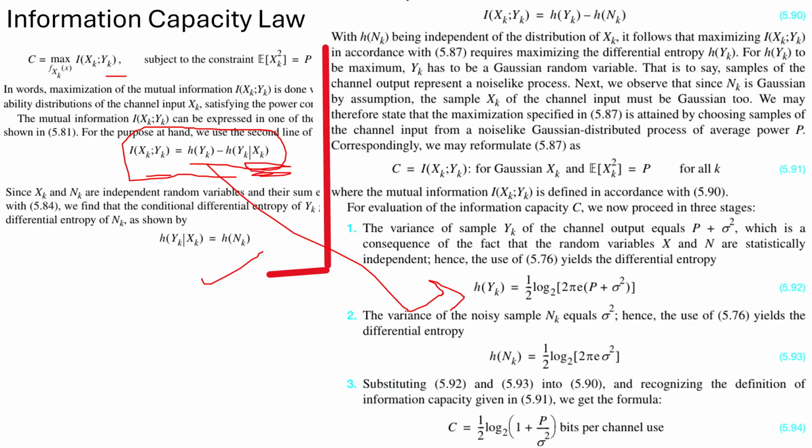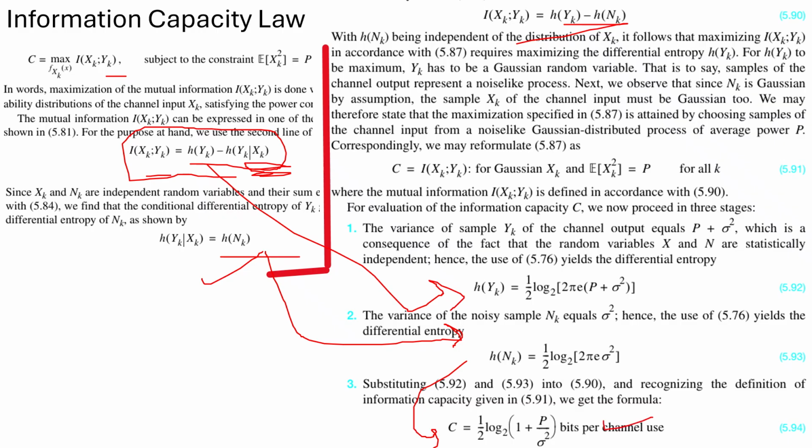Here if we put the same equation, you can modify this one, and since h of Y given xk will be h of nk, we will find nk and then put it in the final equation, and then we will get these values.